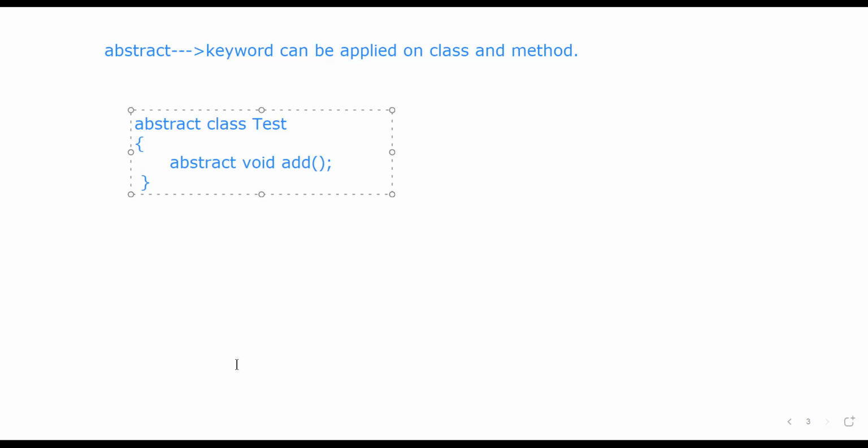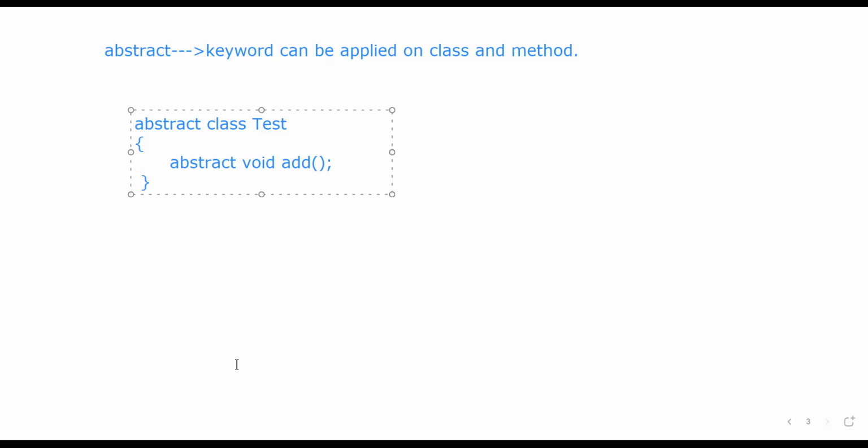What does it mean? If you have already defined your class as abstract, it doesn't mean that it should compulsorily have an abstract method. But if at least one abstract method is there, then the class needs to be compulsorily declared abstract. Understanding the difference, guys? Any doubt, you can ask us.